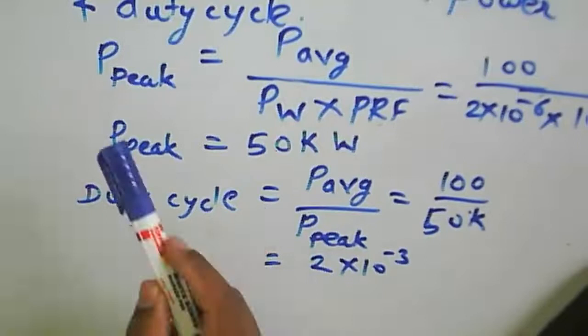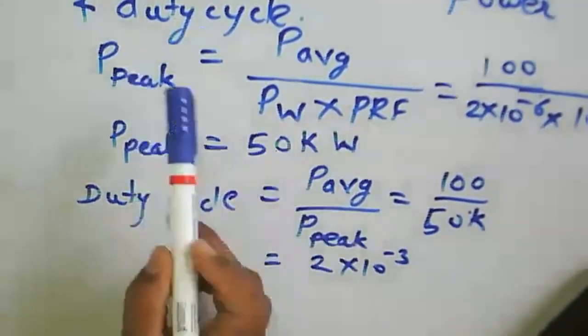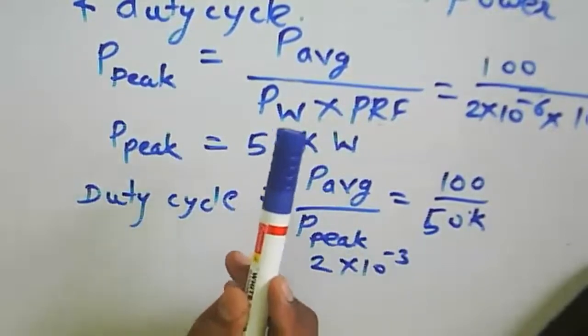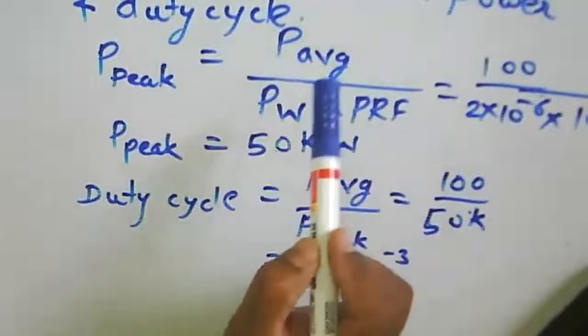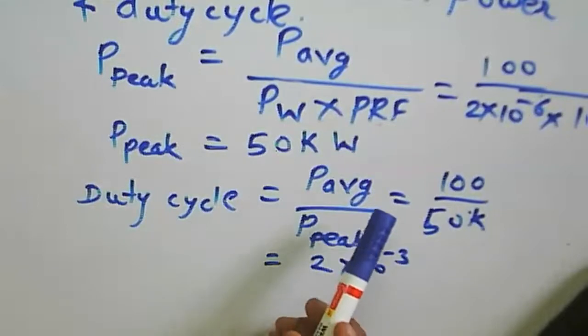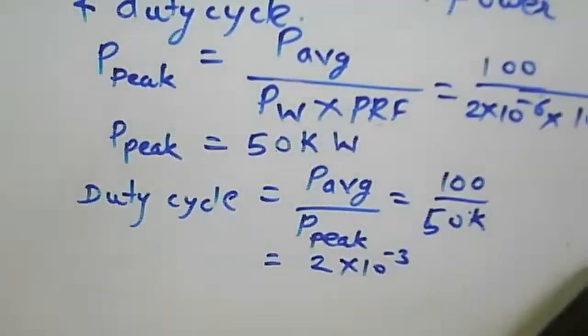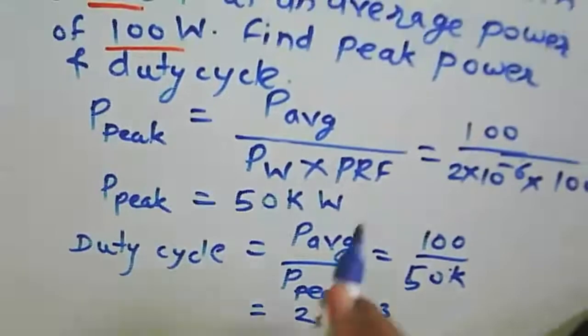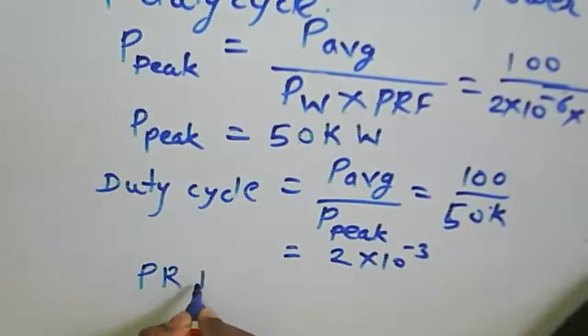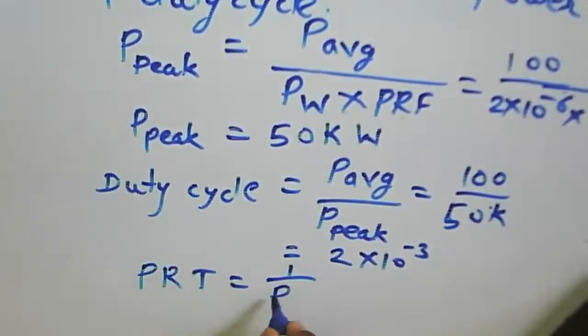Sometimes the given conditions are that peak power and average power both are given, and we need to find out the duty cycle or the pulse repetition time. Even if it's not mentioned, the pulse repetition time is nothing but 1 by PRF.